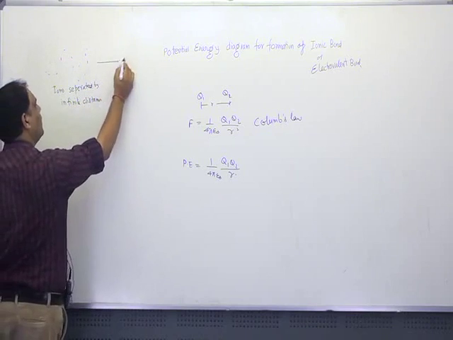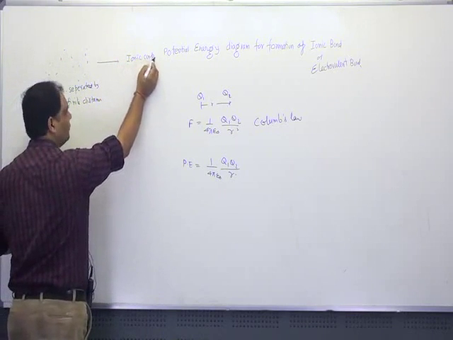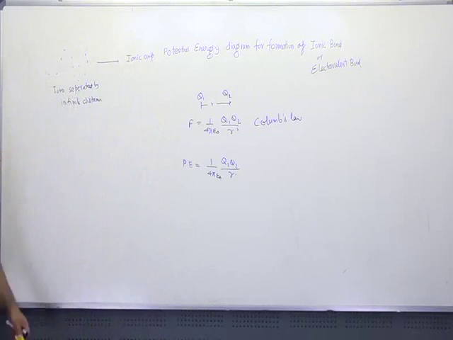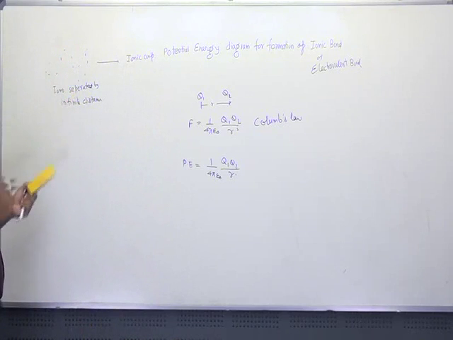Now these ions are tending to form ionic compound. These infinite ions, what does the dot indicate? Ions separated by infinite distance. Now they are forming ionic compound.